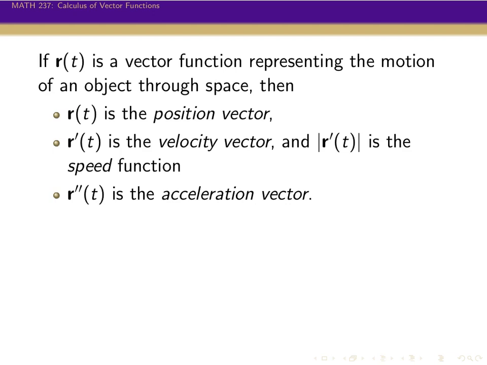Okay. So then what's the second derivative telling you? Well, that's giving you the acceleration vector. Since this is a vector, it's actually saying two things. Since this is happening in 2D or 3D, it's talking about both change in speed and change in direction.